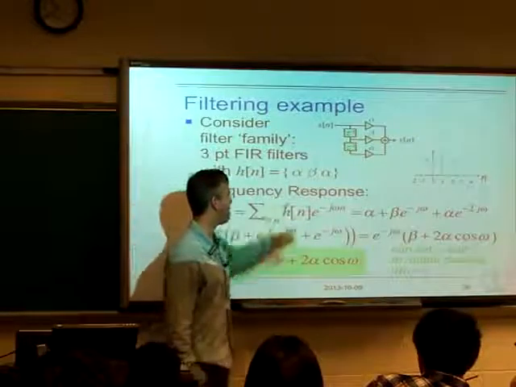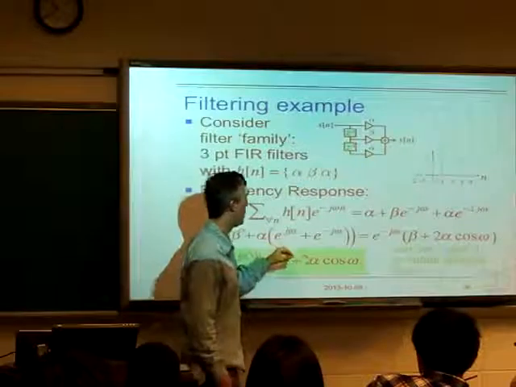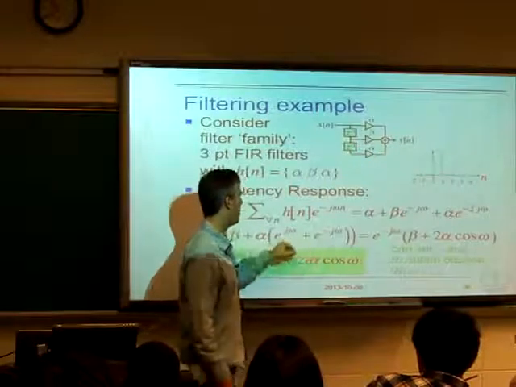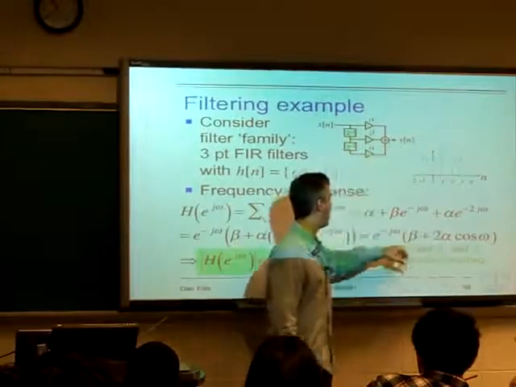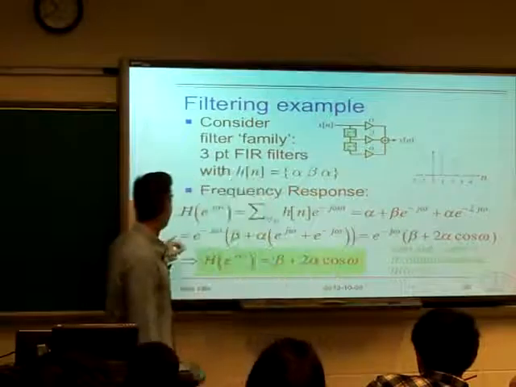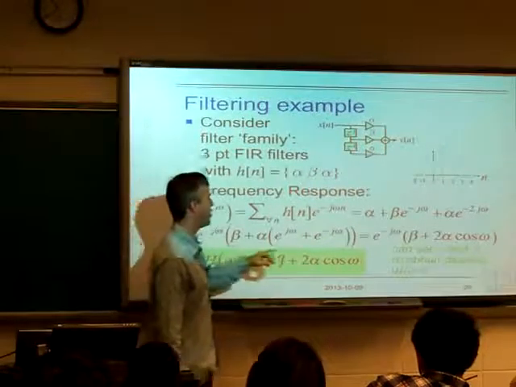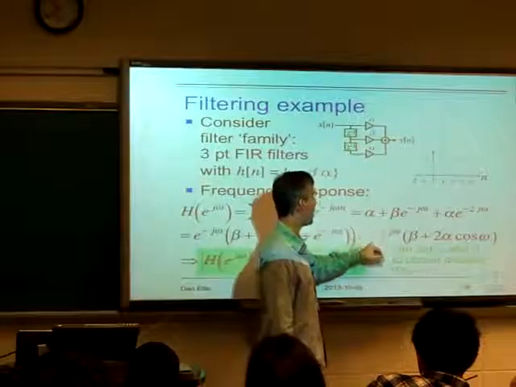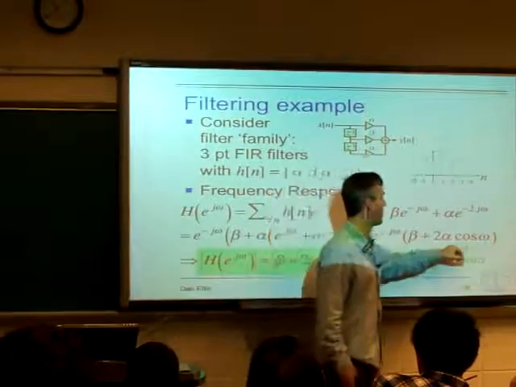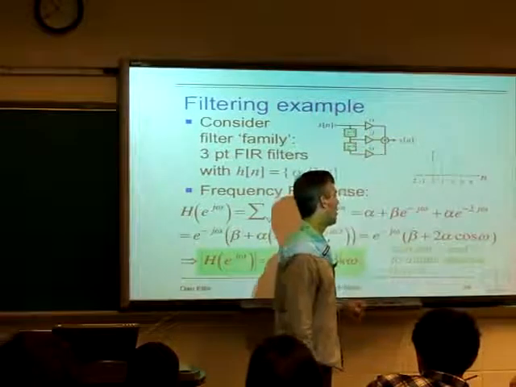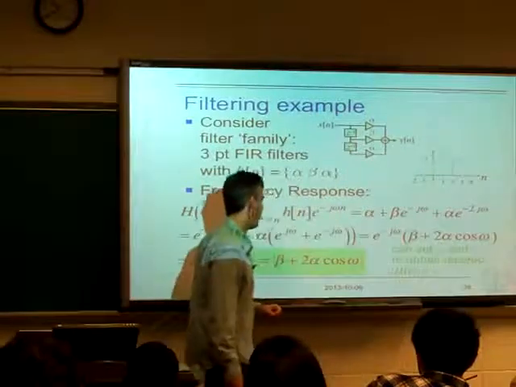Now we see why the symmetry was a nice thing to include here, because now these terms collapse into 2 cosine omega, and we're left with an H of e to the j omega, a transfer function which is just a pure linear phase term, e to the minus j omega, and a nice real magnitude term, beta plus 2 alpha cosine omega.